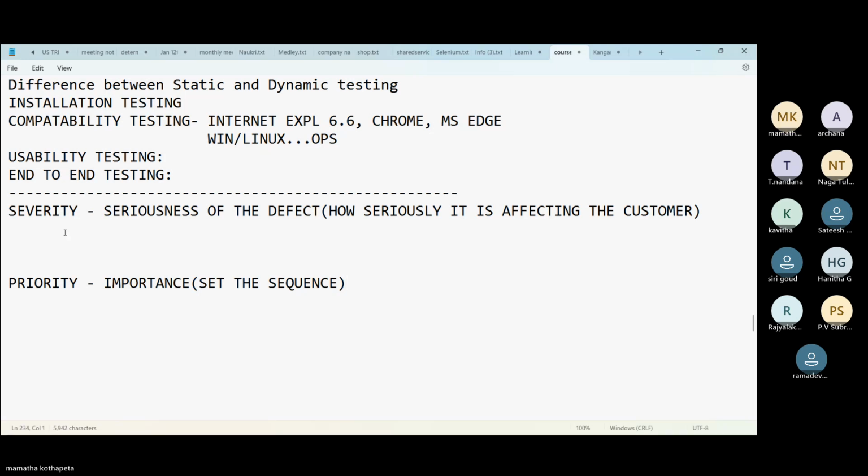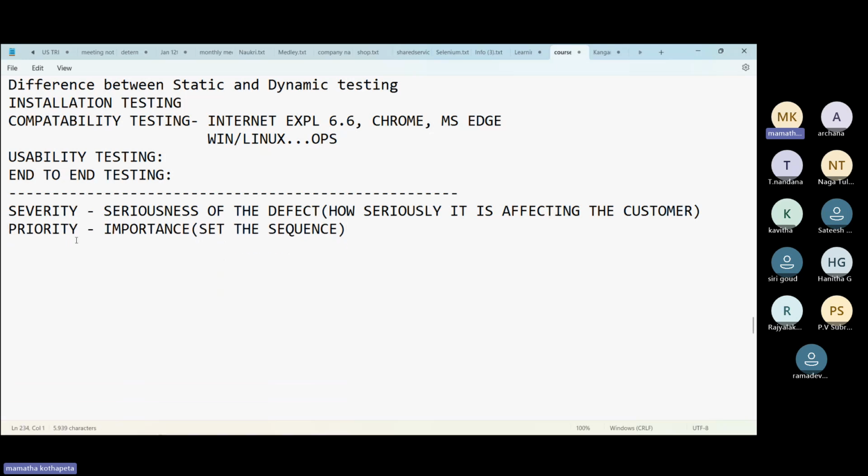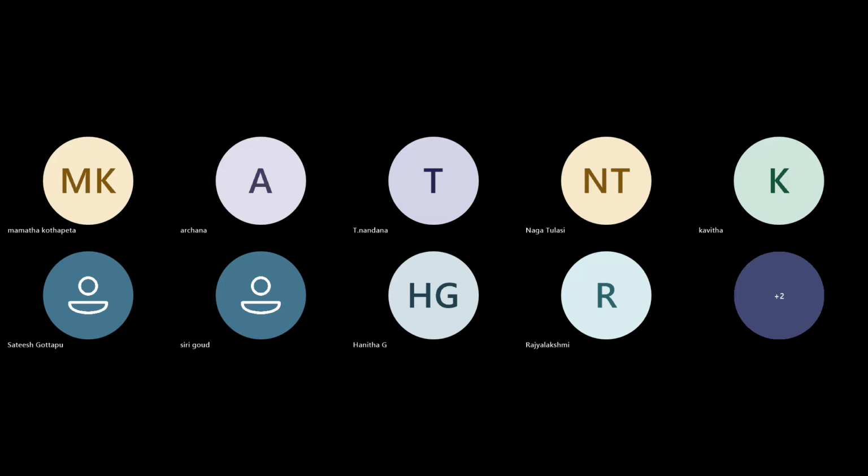Now, if we combine your severity, which means in what way it is affecting the customer, that will set the defect importance. Any confusion here about severity and priority? No. Clear.